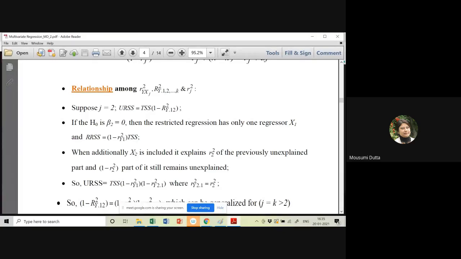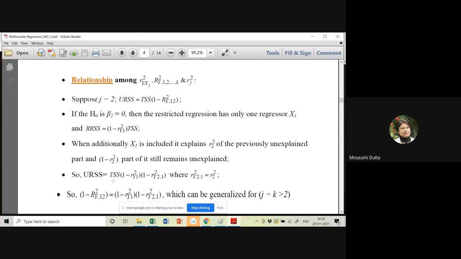That part will be explained, and 1 minus R square part of it still remains unexplained. So we can write the right hand side as this is RRSS, TSS into 1 minus R square Y1. A part of this is explained, that is R square Y2 dot 1. That part is explained, so the remaining part will be this one minus the R square Y2 dot 1 part.